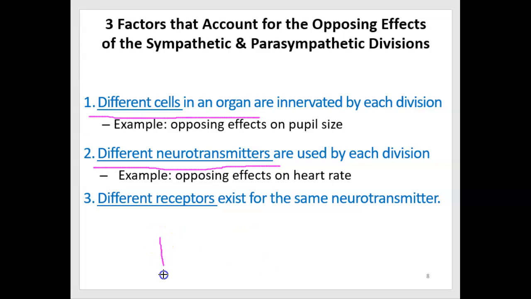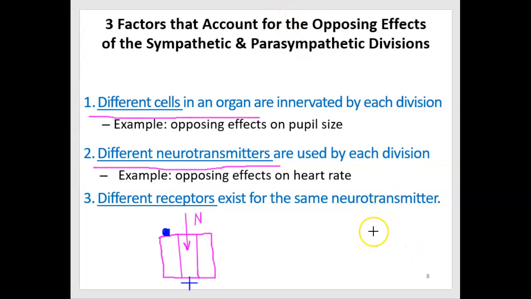So if an ion channel that allows sodium through, I'll say sodium here, if that's what the neurotransmitter opens, then that's excitatory. So here's my neurotransmitter. It opens. That's excitatory because you're going to get positive charge on the inside.